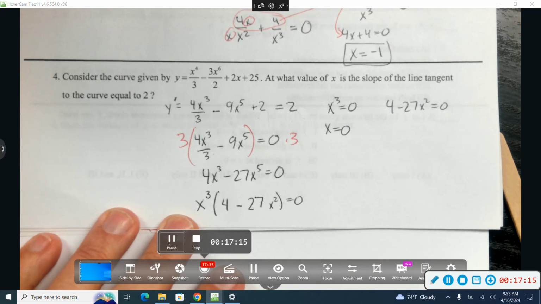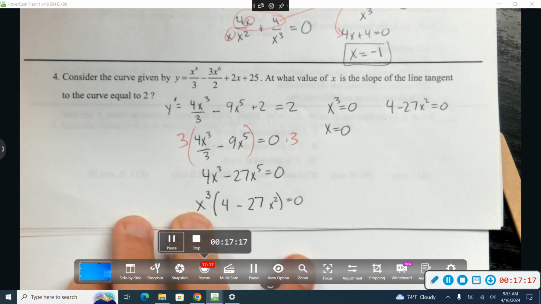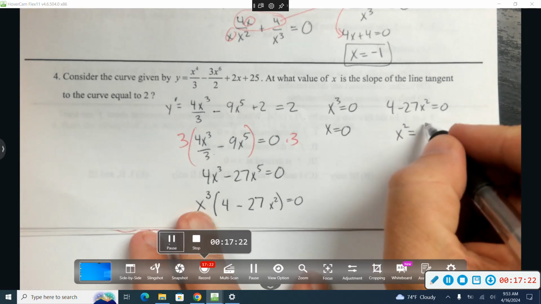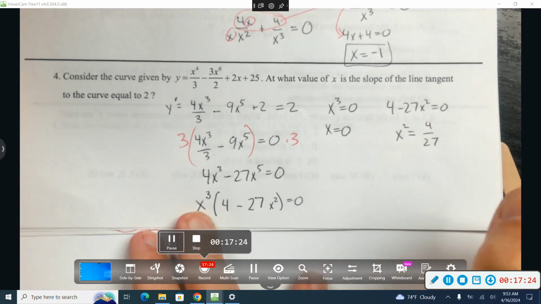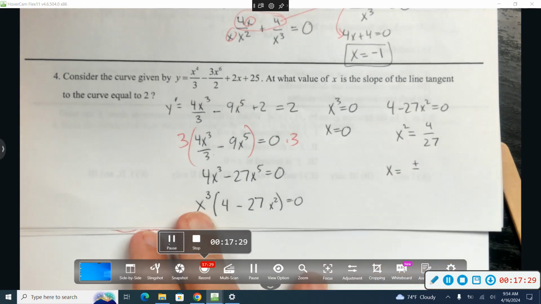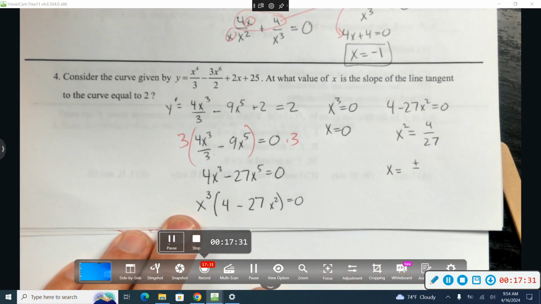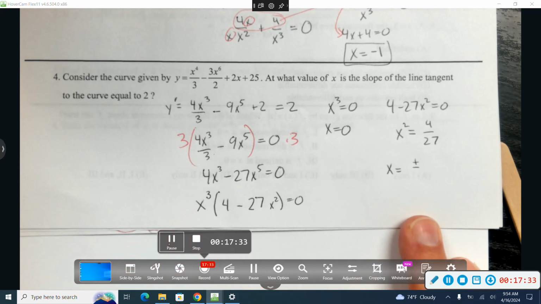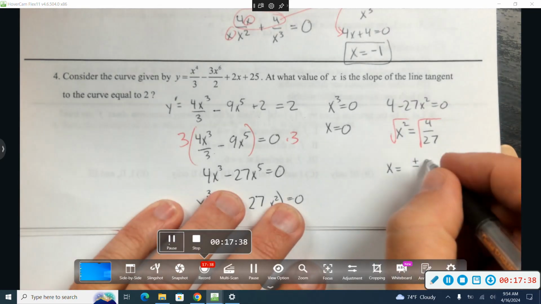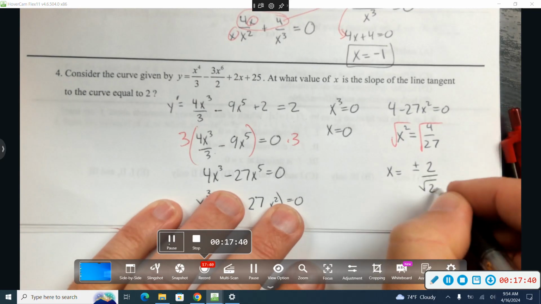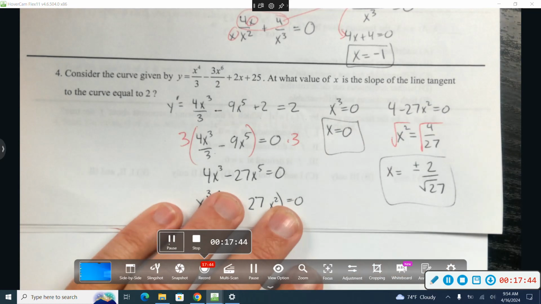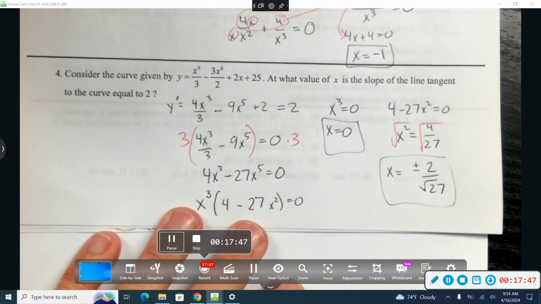That one's going to be kind of yuck, but x squared is 4/27, square root. I can't square root 9, or square root 27, at least, and get a nice number. 2 over square root 27. So there's my 3 places where the slope is equal to 2.